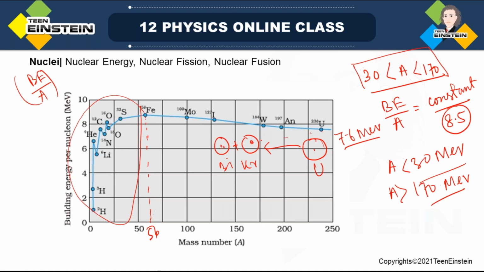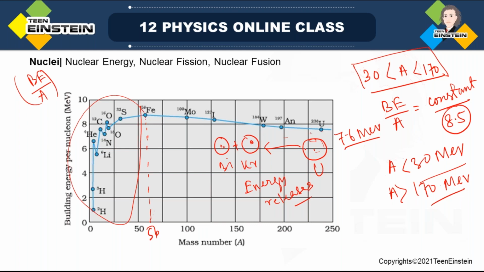That means they attain greater stability. If greater stability or greater binding energy, then energy release happens in the reaction. So if I break a bigger nucleus into two smaller nuclei of almost equal mass, and their binding energy becomes greater than the parent uranium, then there will be a release of energy.